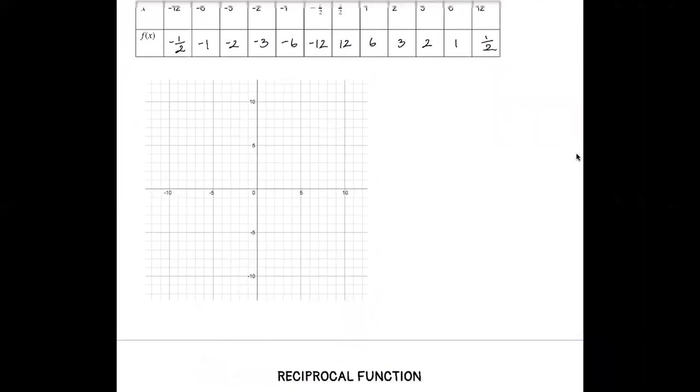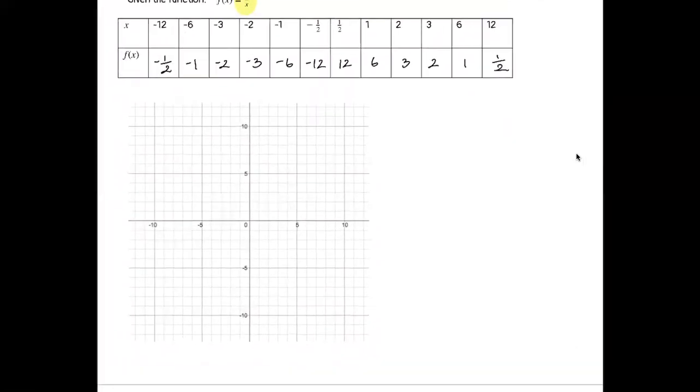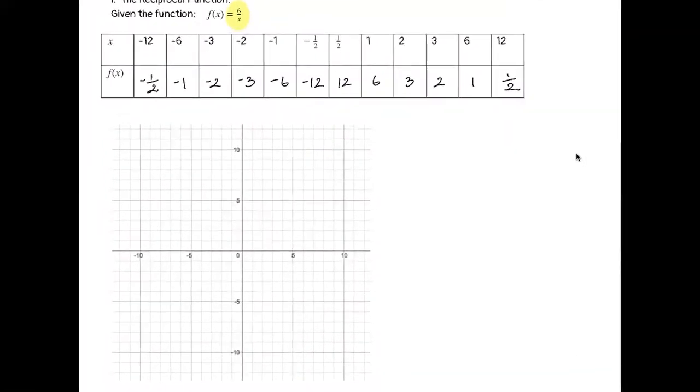Okay. So let's go ahead and plot these points here on our grid. Let me zoom in a little bit so we can see the table as well as the graph. Okay. So I'm going to plot these points: at -12, I've got -1/2; at -6, -1; at -3, -2; at -2, -3; at -1, -6; at -1/2, -12.